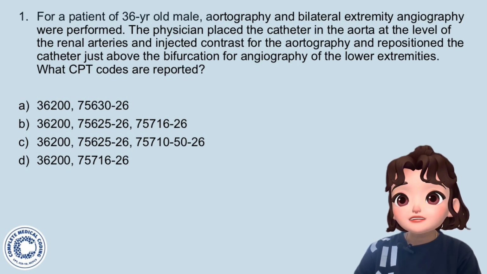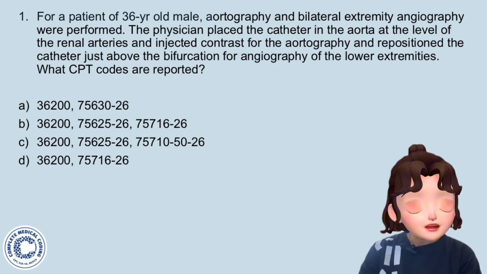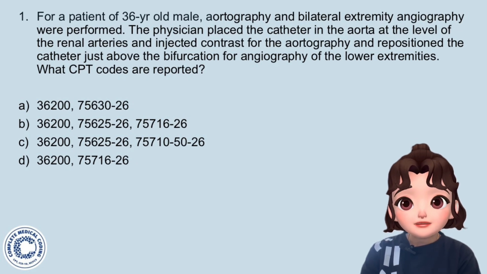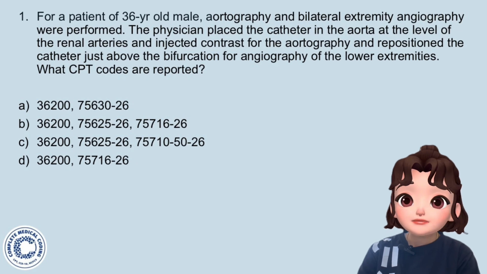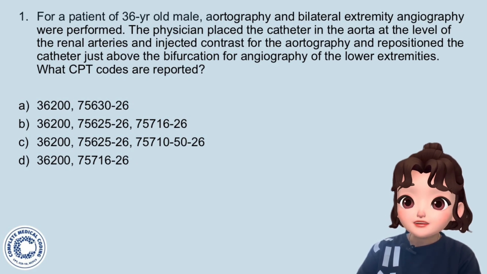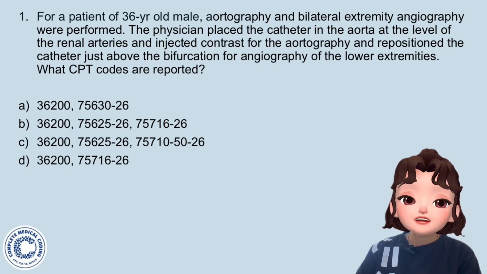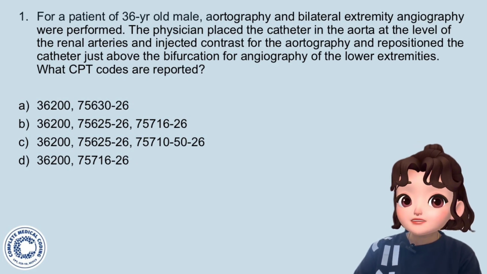We can see in the third option, the same 75625 and 75710 are mentioned. If you want, you can check what 75710 is. 75710 is angiography extremity, unilateral, radiological supervision and interpretation. 75716 is the bilateral code and 75710 is the unilateral code. But in the option, it is marked with modifier 50 for representing bilateral. Actually, that is also correct.